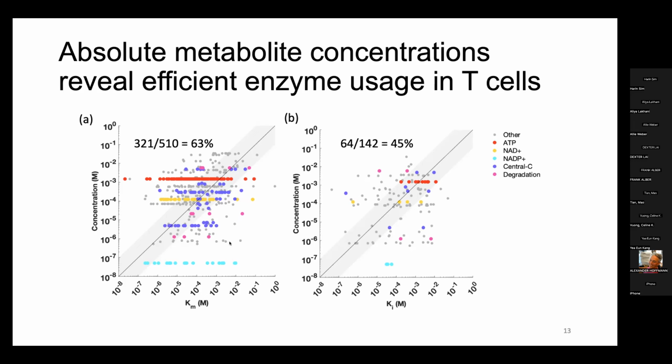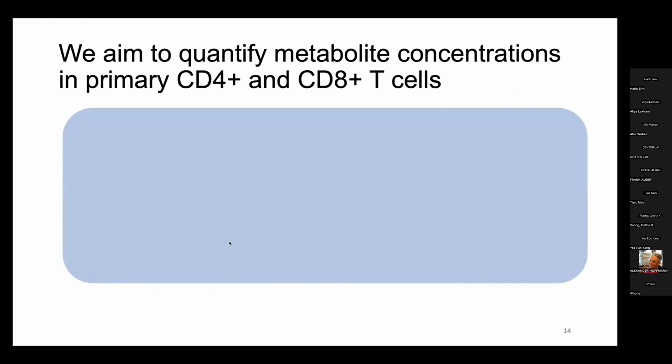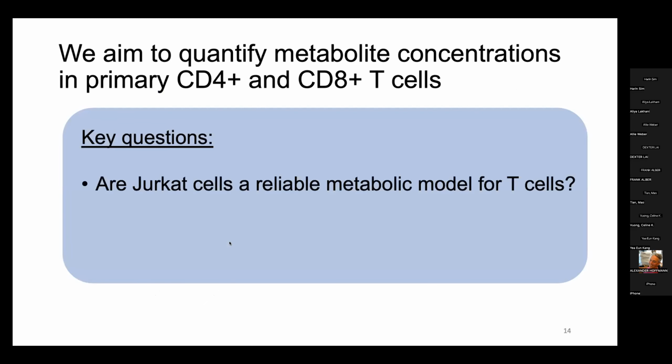Now that we've worked with Jurkat cells, we would like to also quantify metabolite concentrations in primary CD4 and CD8 T cells. And we have a few key questions that we'd like to address. The first is whether or not Jurkat cells are a reliable metabolic model for T cells.